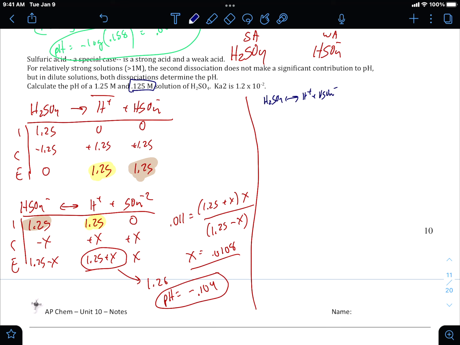Wait a minute. Sorry, what am I doing? We know this value. This was the strong acid part. This is 0.125. Okay. So, secondary equilibrium.